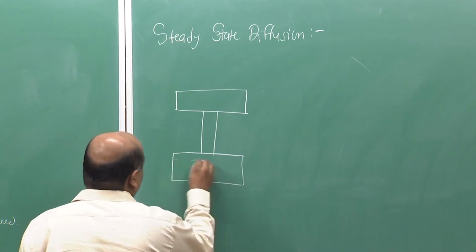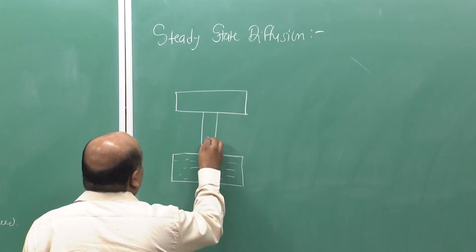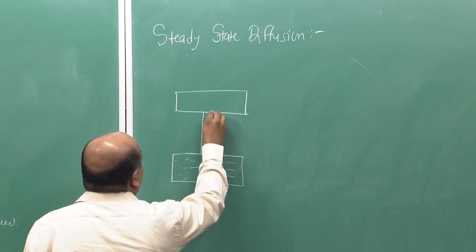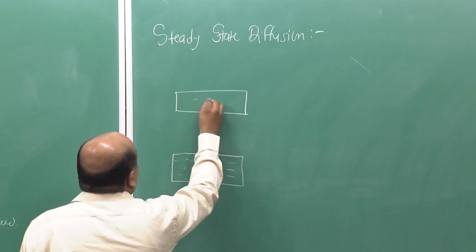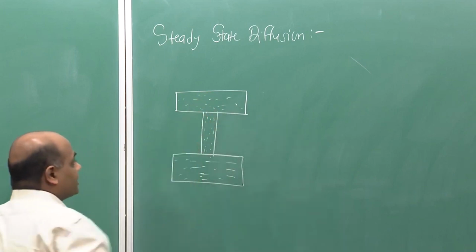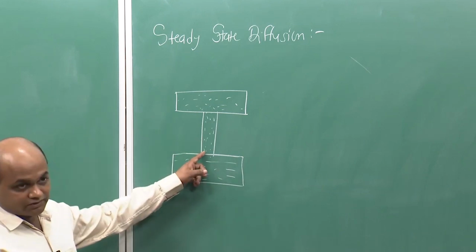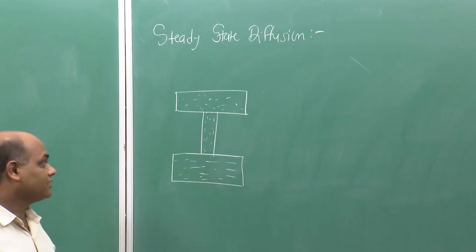And the way he conducted the experiment was a vertical tube through which salt was diffusing. So, the vertical tube contained a solution of salt and water.